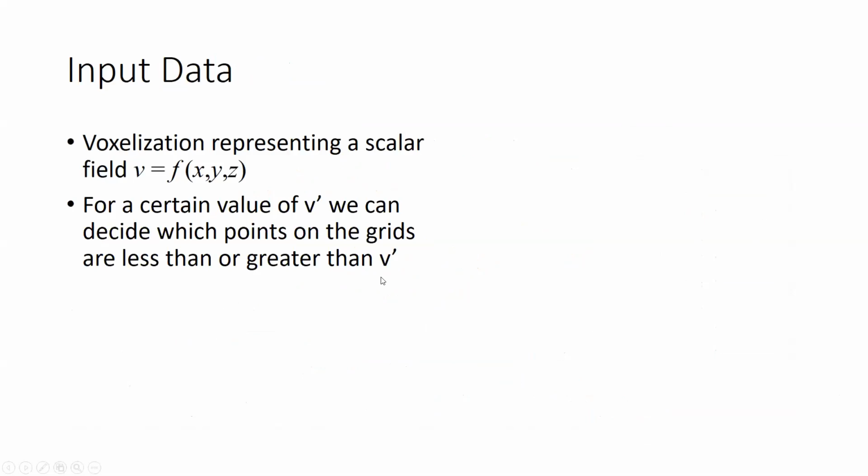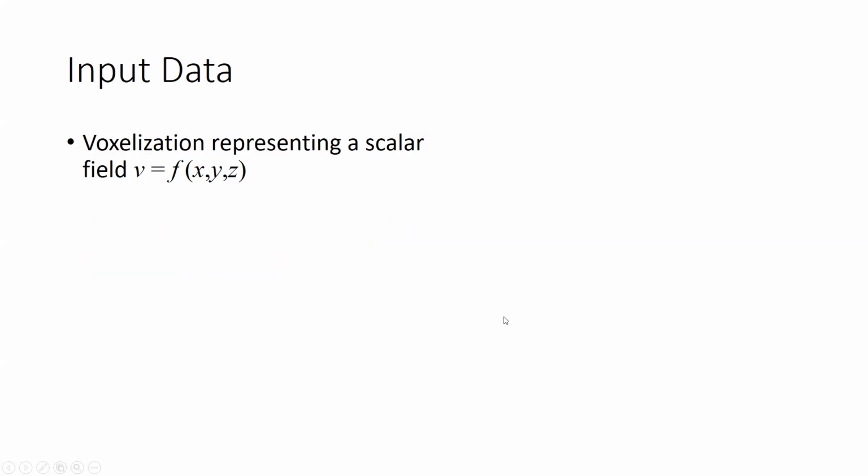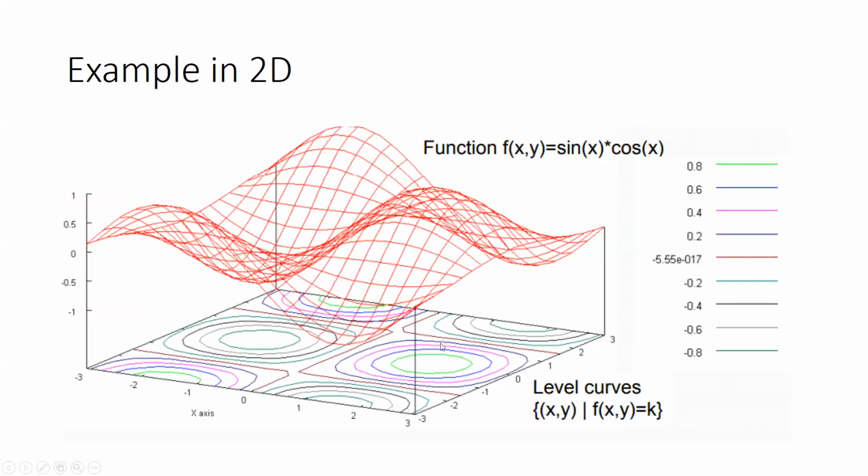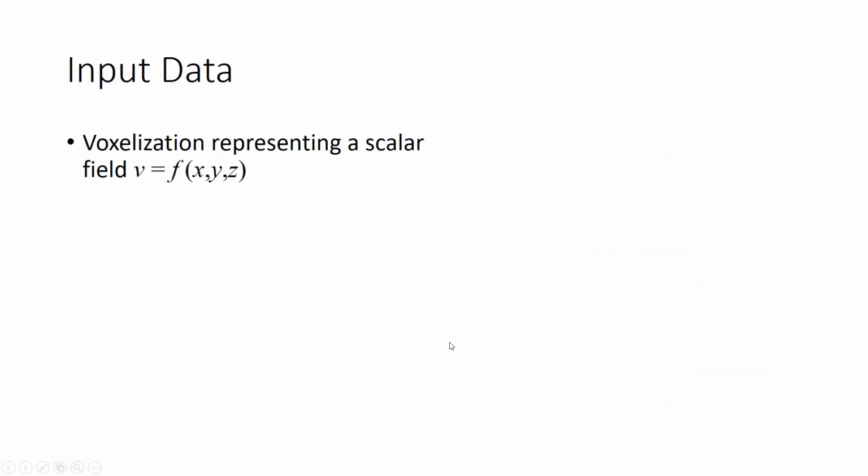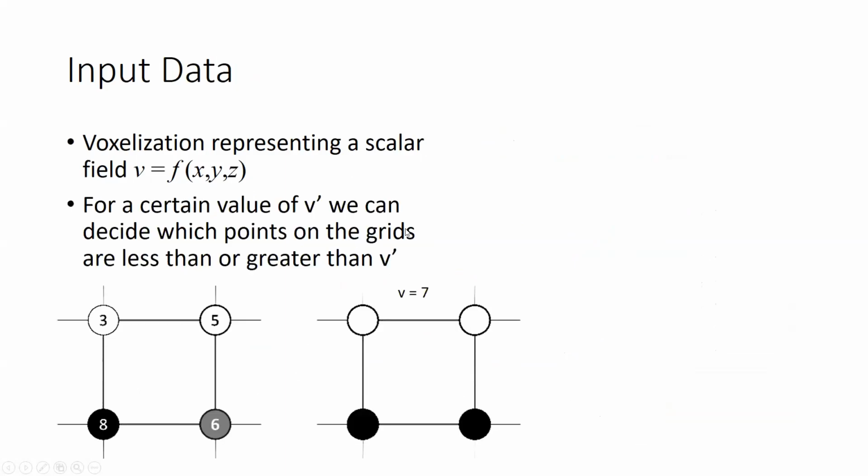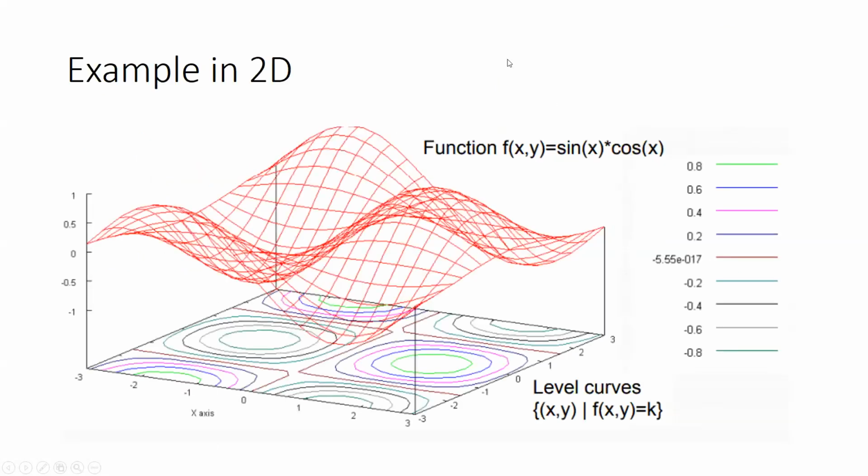Okay, and for a certain value of v, we actually can decide which points on the grid matter. Because it's impossible to trace every point, what we usually do is visualization to simplify the data. For example, in the 2D case, instead of knowing every point of this data, I just sample some simple points on a grid.